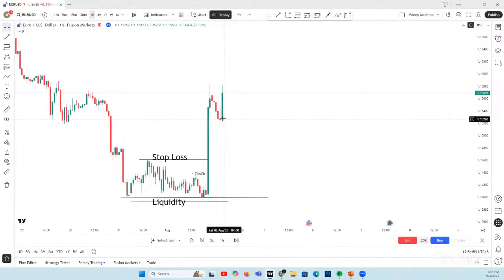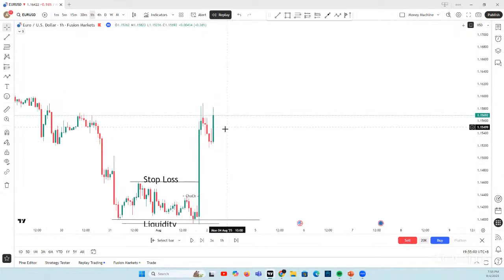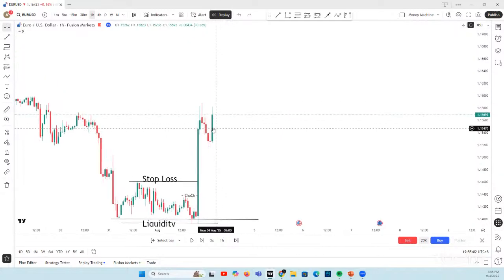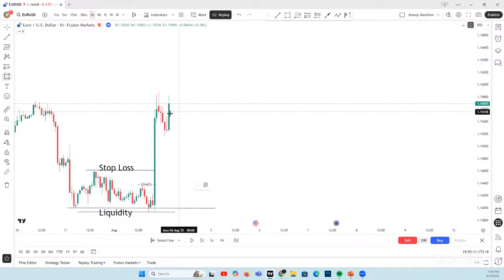Okay, bullish engulfing. You see that red candle, and then there's a green engulfing candle in this uptrend. So if there's no FVG forming here, this is now your point of interest. This should be now your order block, okay? Because it's giving this green bullish engulfing candle to the upside.